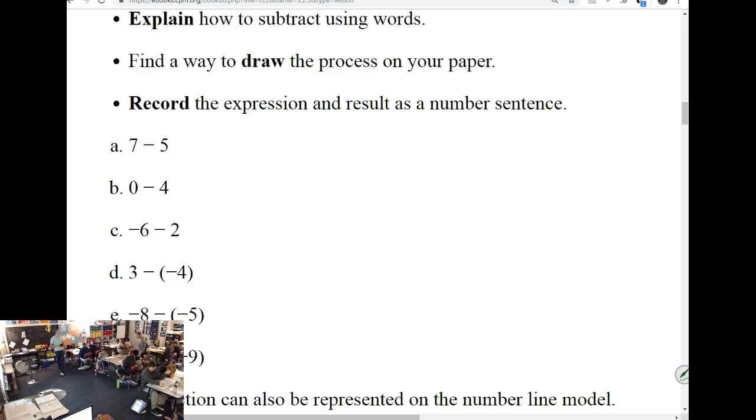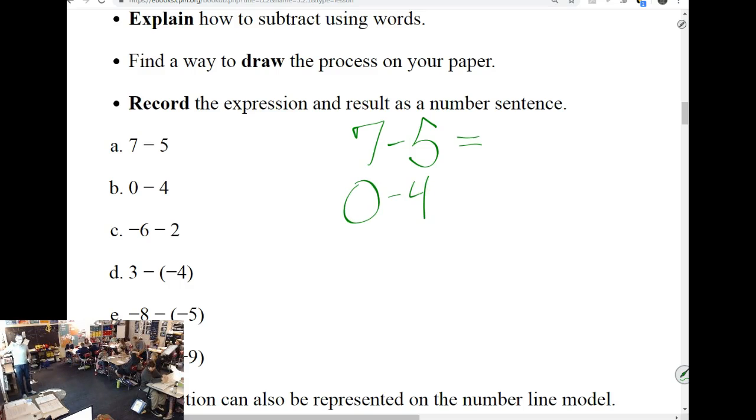Guys, you should have the originals written on your paper, not just an answer. If you're just writing answers, you need to go back and write the originals. Your paper should show 7 minus 5 equals your answer. It should show 0 minus 4 equals, or it might show a rewritten expression, a different expression. Thank you very much, Aiden. Appreciate it.